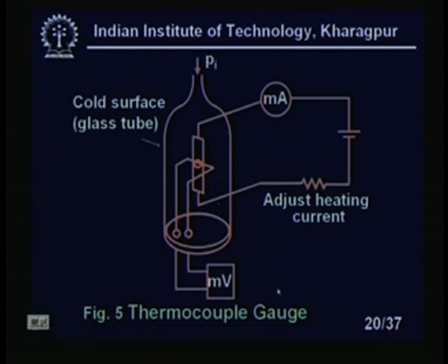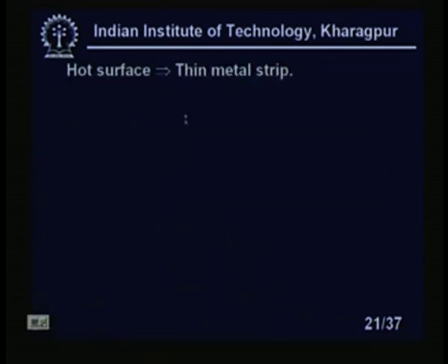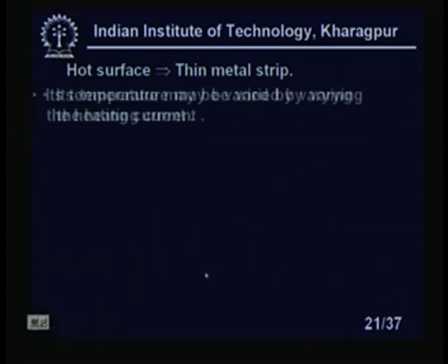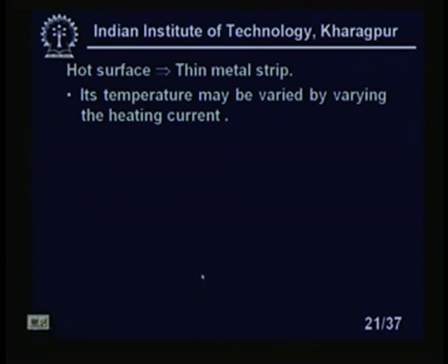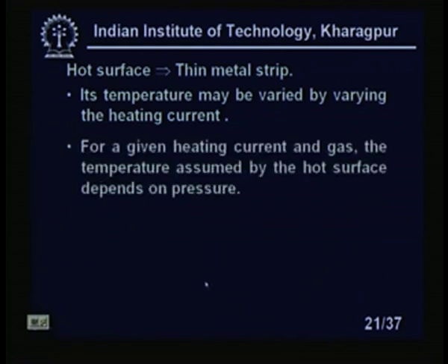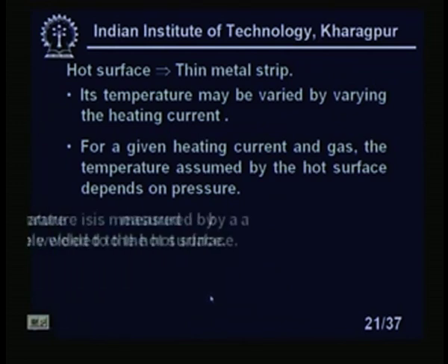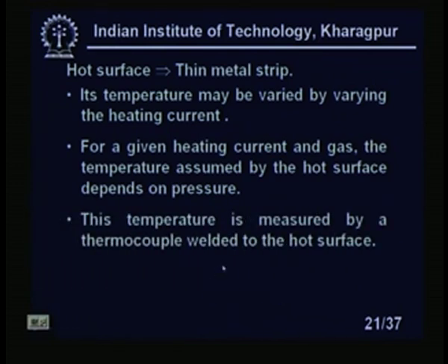The hot surface is a thin metal strip; I am still discussing the thermocouple gauge. Its temperature may be varied by varying the heating current. For a given heating current and gas, the temperature assumed by the hot surface depends on pressure, obviously. This temperature is measured by the thermocouple welded to the hot surface.